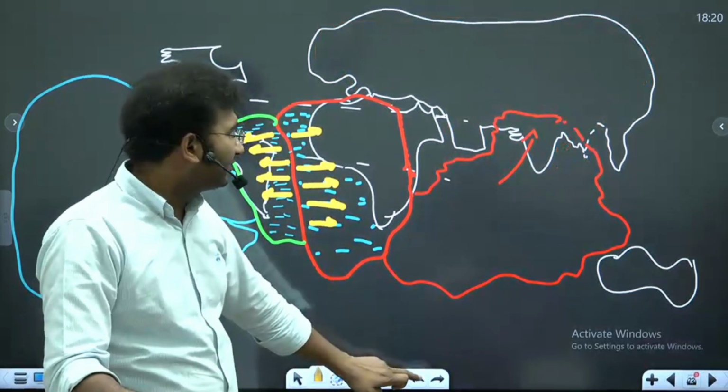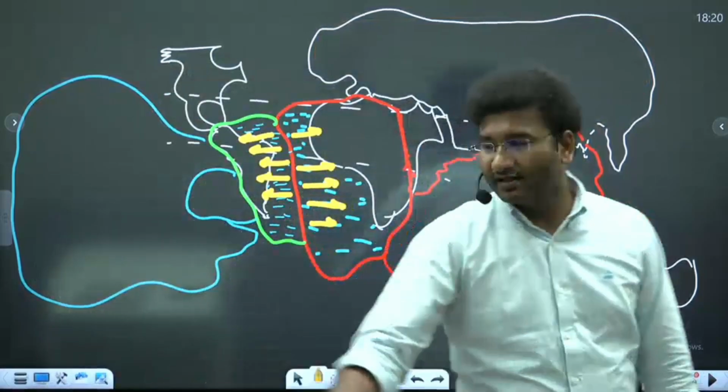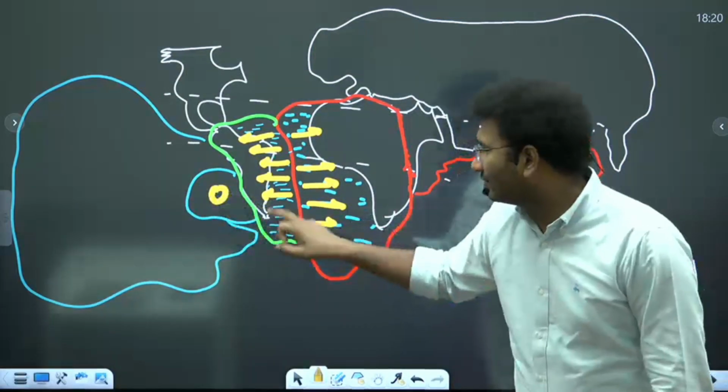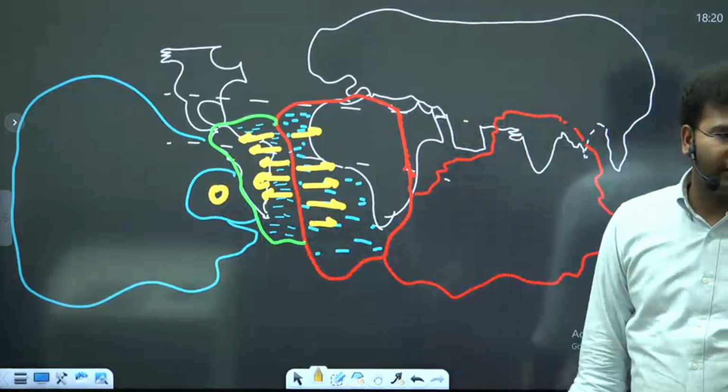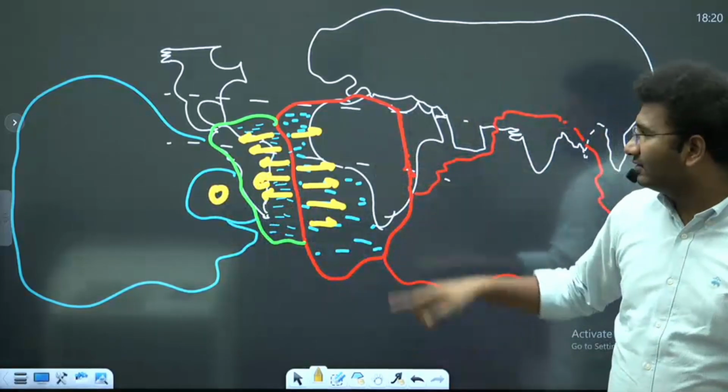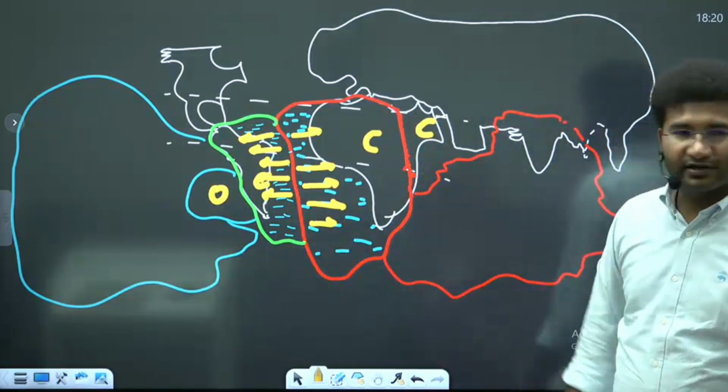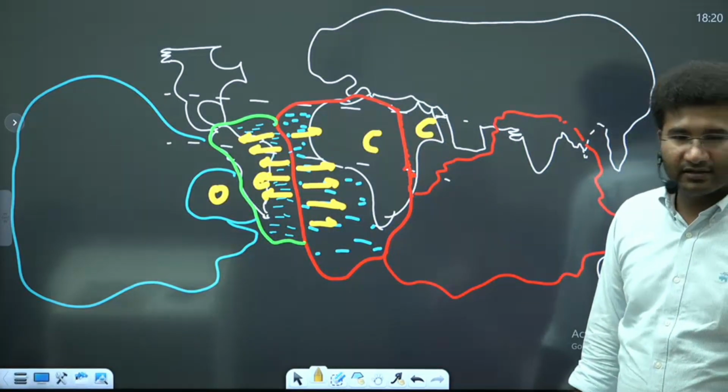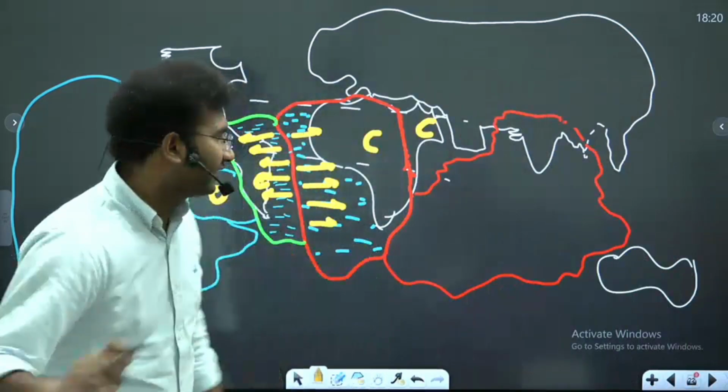So broadly, the first case that we have looked into is the case of an ocean plus continent. Right? Now see, Africa, it is continent, it is also continent. Right? So the plates can be of three different types.